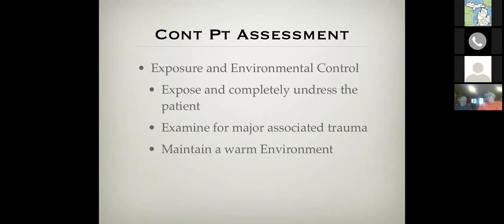And also, we have to make sure that we're maintaining a warm environment for our patients. When patients are burned, they lose their ability to maintain their own body temperature. So wrapping them in blankets is okay. I know a lot of agencies carry burn sheets, trying obviously to keep the contamination level down, but in the long run, they're going to be receiving bouts of antibiotics.